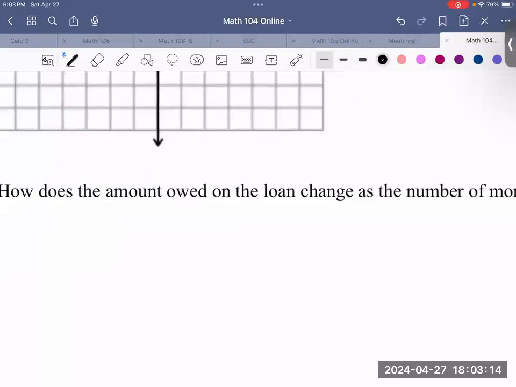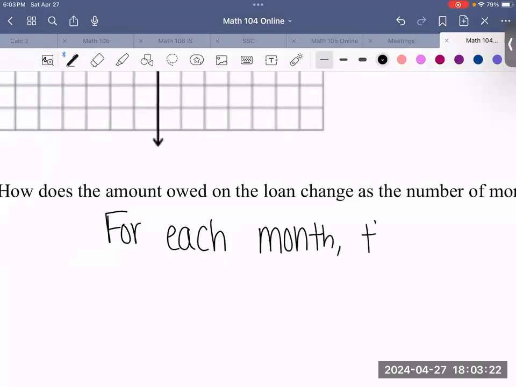So this means for each month, the payment is, and ours can either be increasing or decreasing depending on the orientation of your slope. Because ours is a decreasing amount, we are falling on your graph.